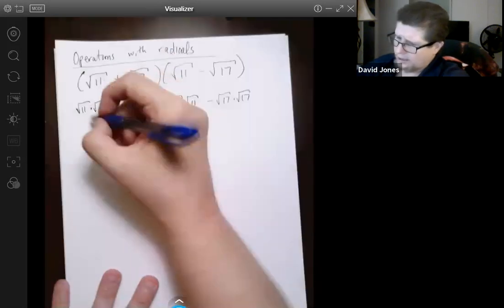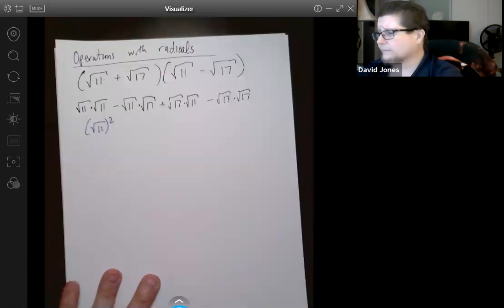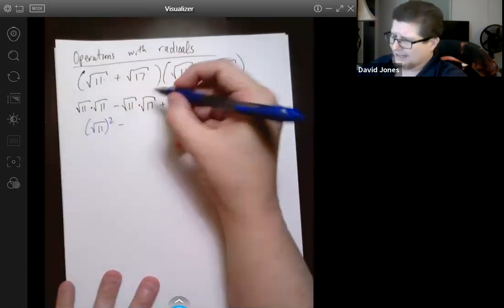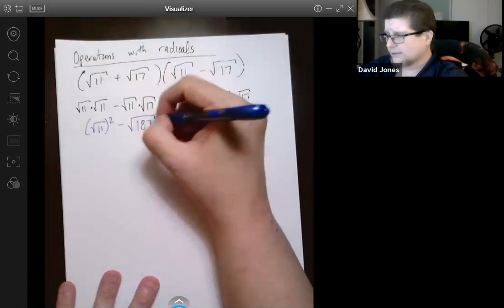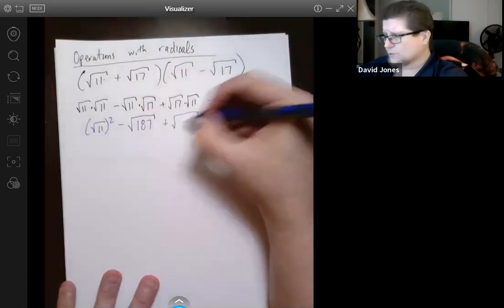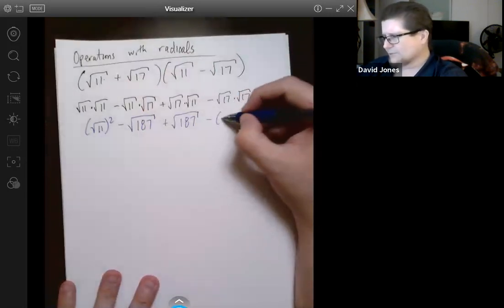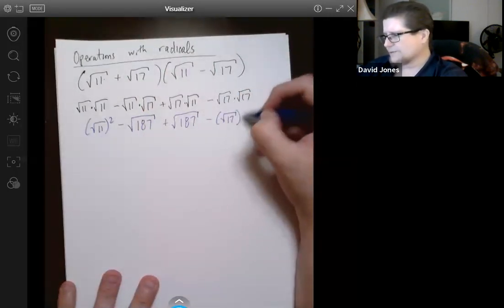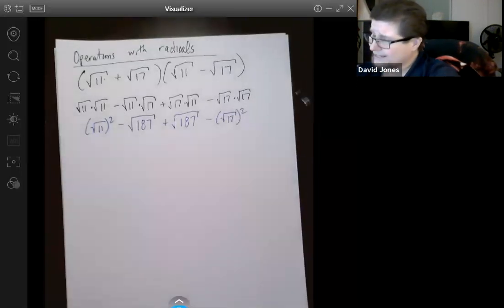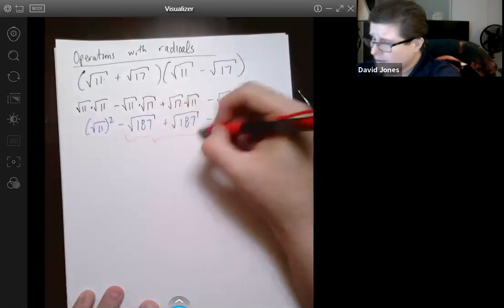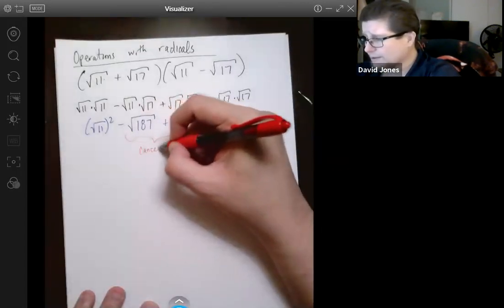So this is, well, I've got square root of 11 and I've got it twice. That's square root of 11 squared. 11 times 17, I can put them together in one radical. That's 187. And I have plus 187. And then I've got minus, well, that square root of 17 is multiplied twice. So I've got that. These cancel. Plus and minus the same value cancel or equal 0.